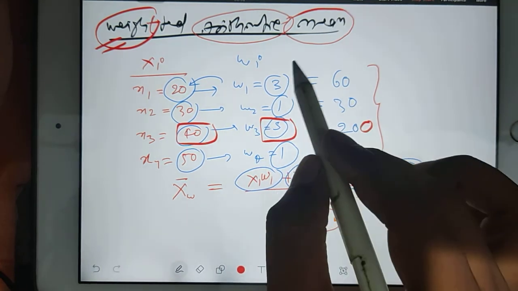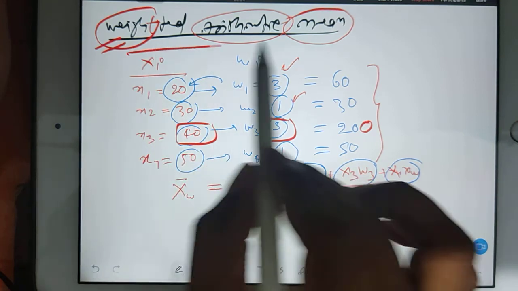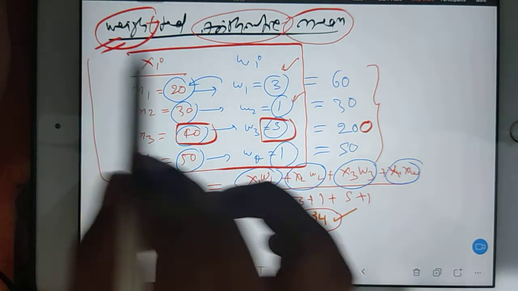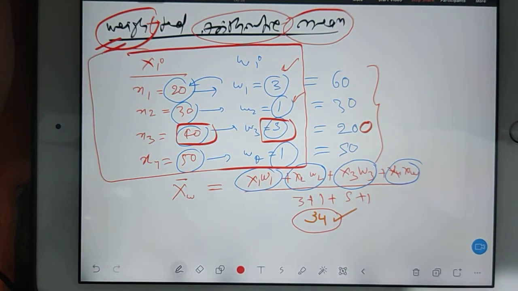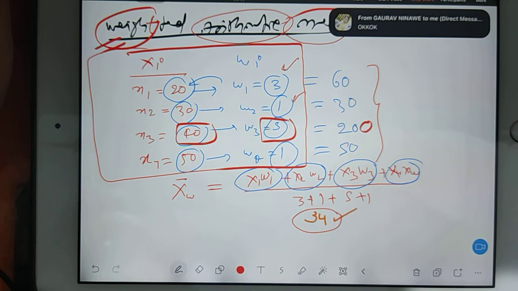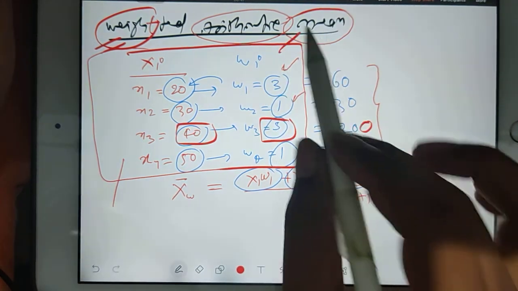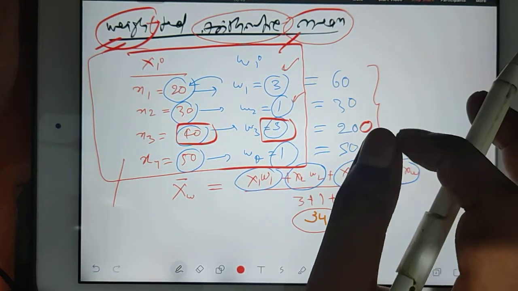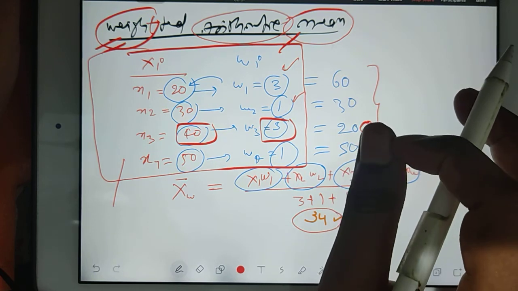This W, actually this is given data. These two sets are given. So the X1 line and W1 line are given.